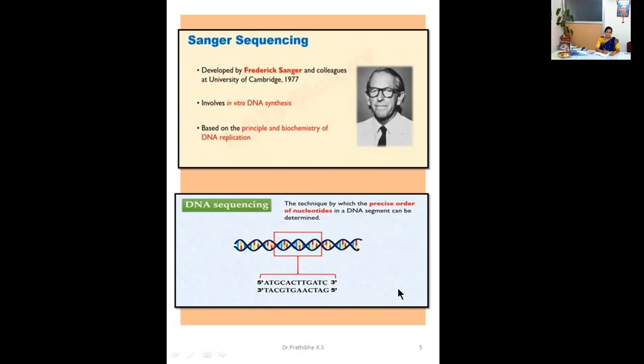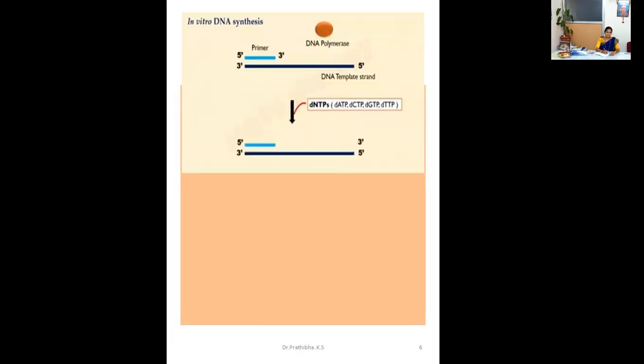In this in vitro method of DNA sequencing, we use a template. During the polymerization process, DNA polymerase always needs a template, so we need a DNA template strand in this experiment.